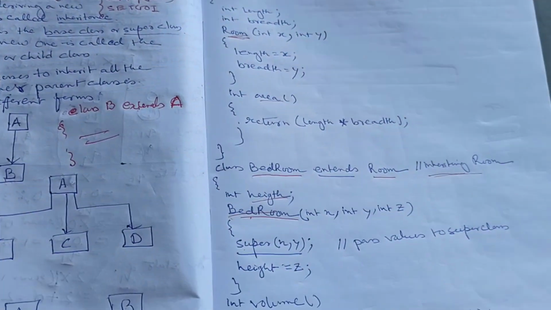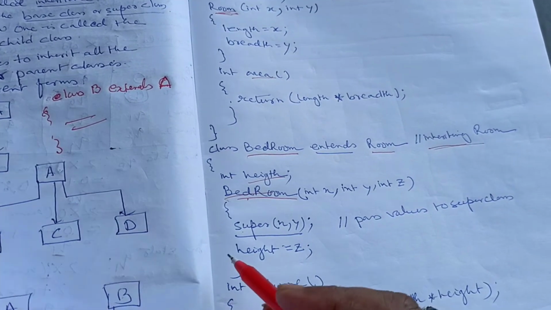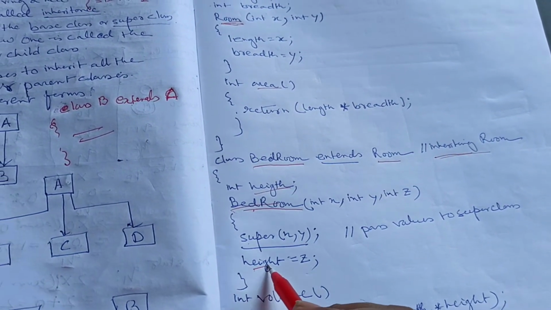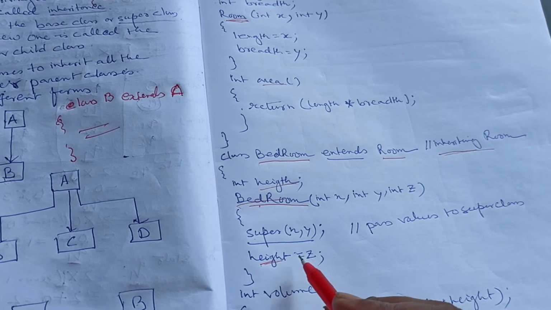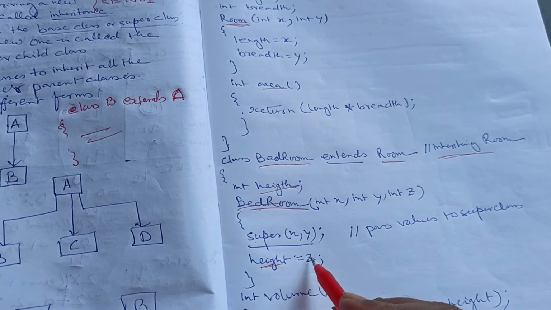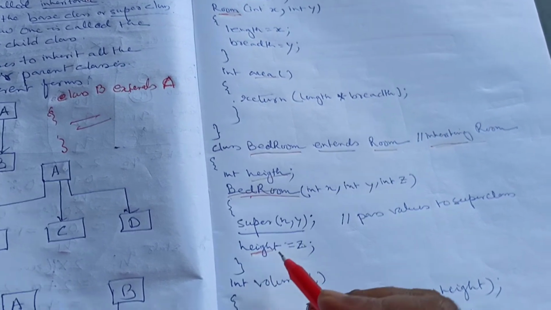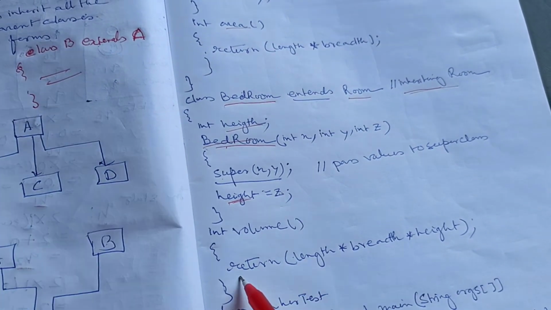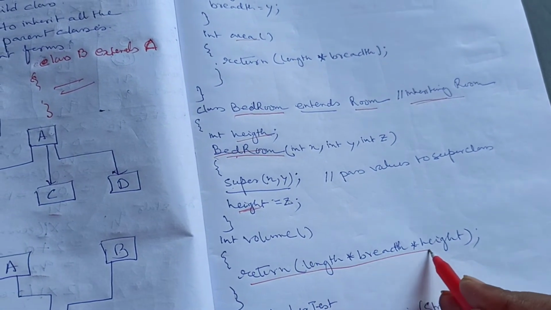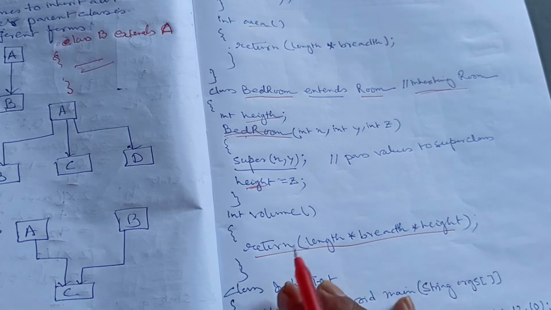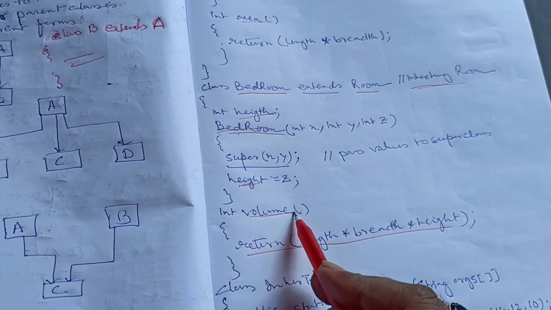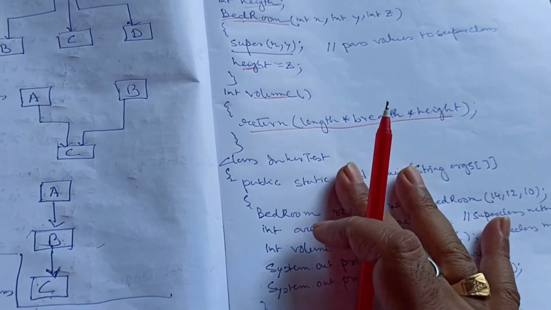This is known as the subclass constructor. And here the value of z will be assigned to height. Now this is the method inside the child class, that is volume. This is another method.